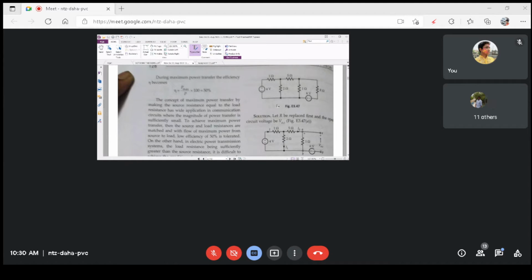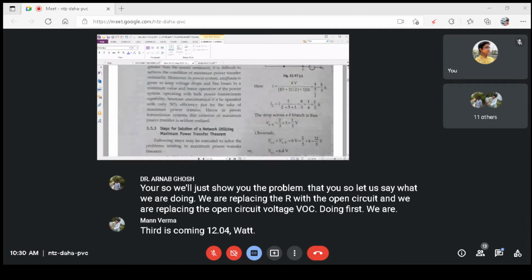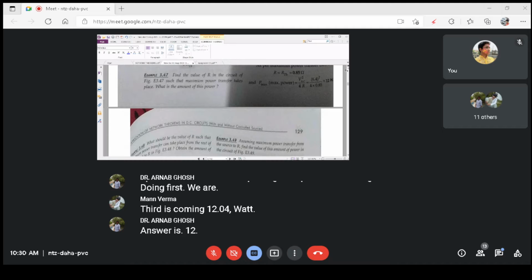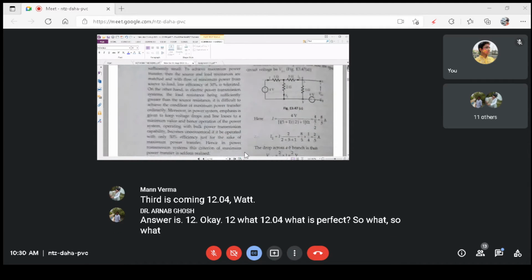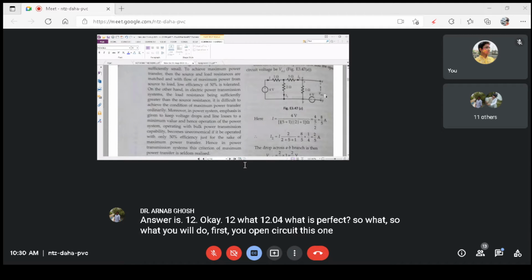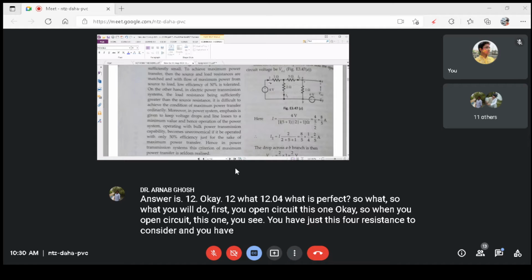Sir, it is coming 12.04 watt. 12 watt, 12.04 watt. Yes, perfect. So what you will do: first, you open circuit this one. You have just these four resistances to consider, and you have this voltage 4 volt.